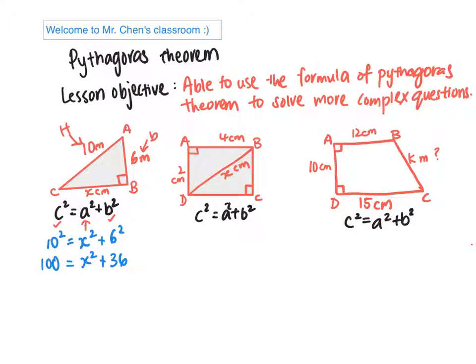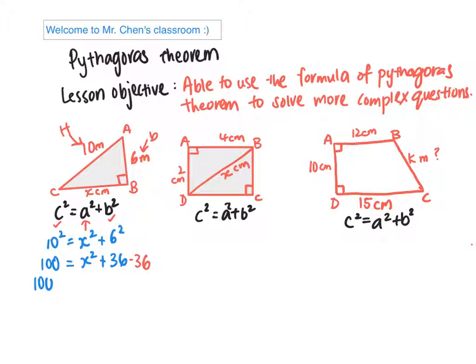Once you get to here, you just need to isolate the numbers. So 100 equals x squared plus 36, and to get rid of the plus 36, you minus 36, and you have to do it on both sides.